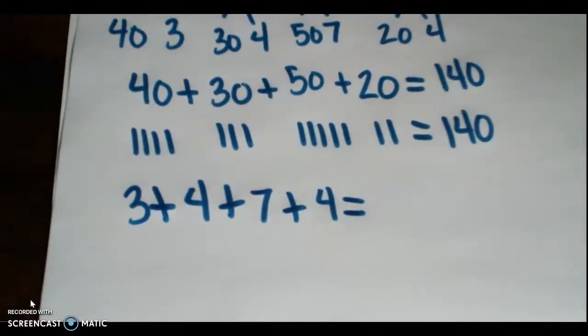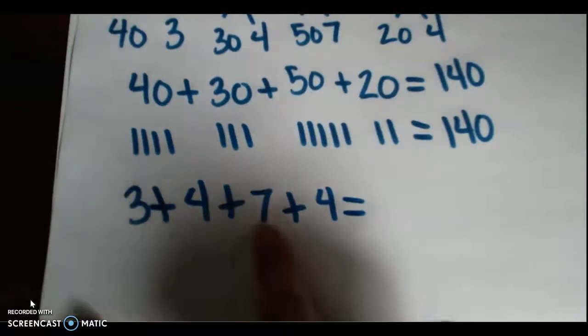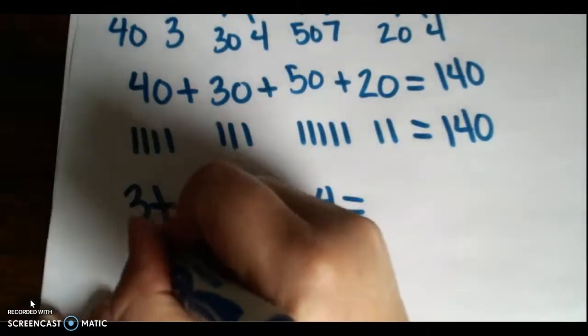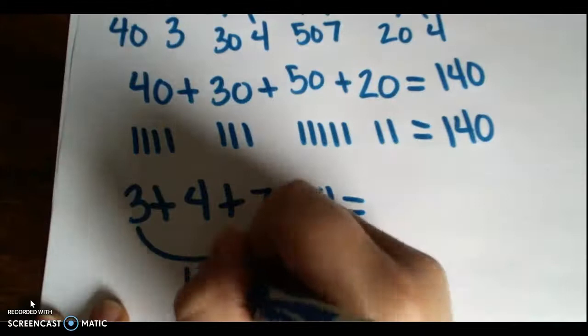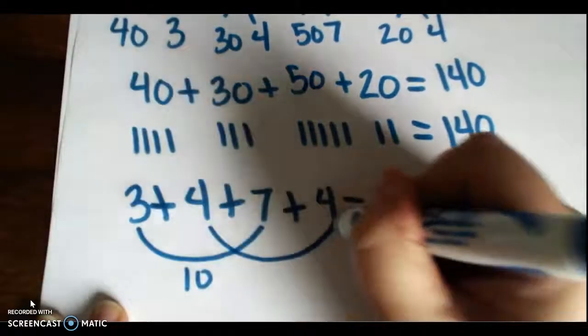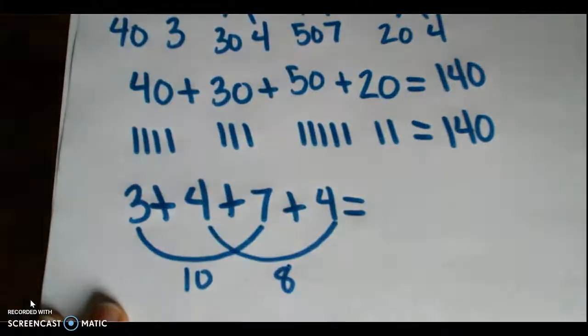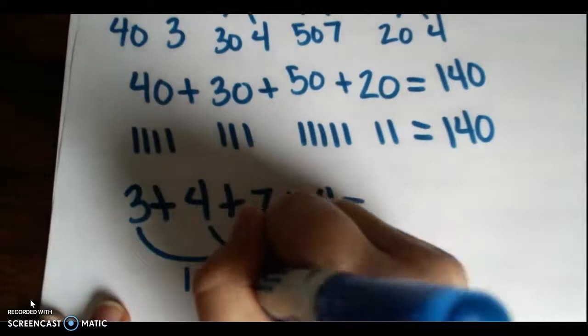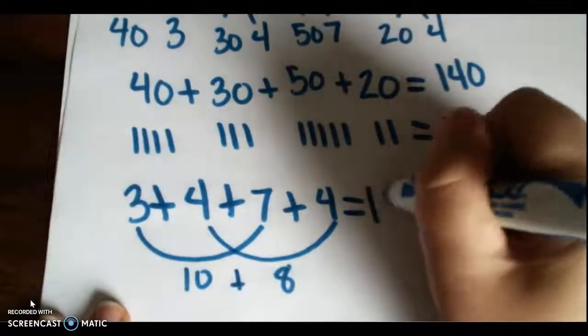Now, one way I can look at this is using my mental math strategy. I know my tens. I know that 3 and 7 make 10. I know my doubles, 4 and 4 make 8. So that tells me 10 plus 8 is 18.